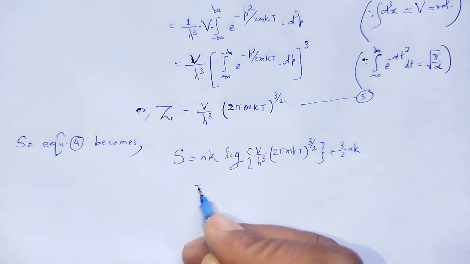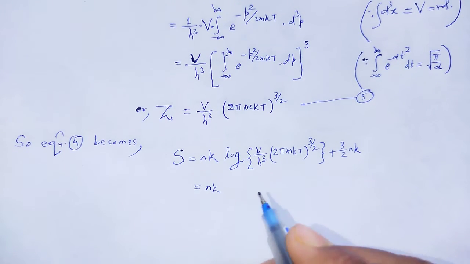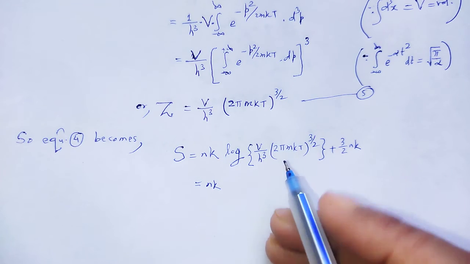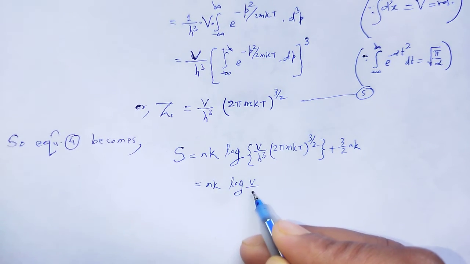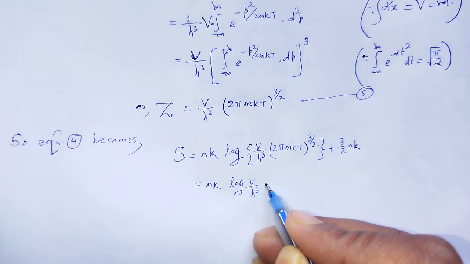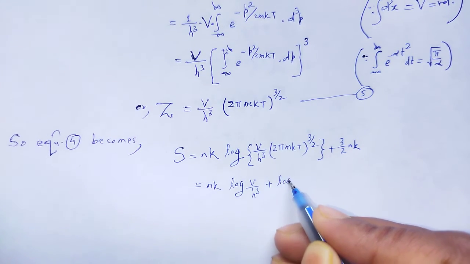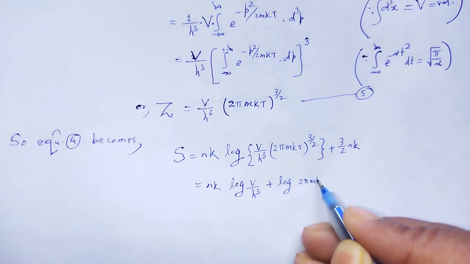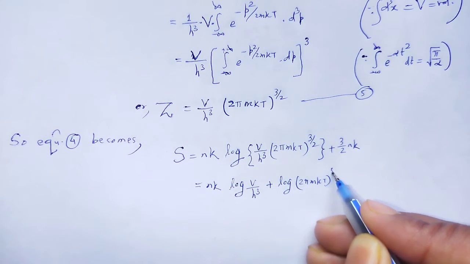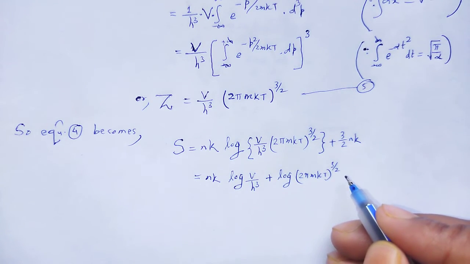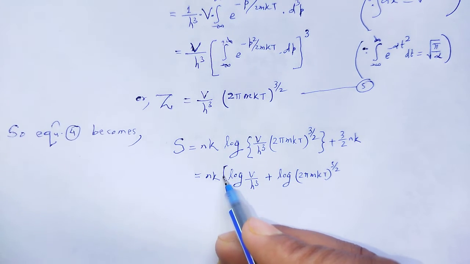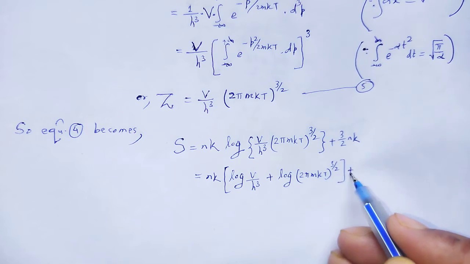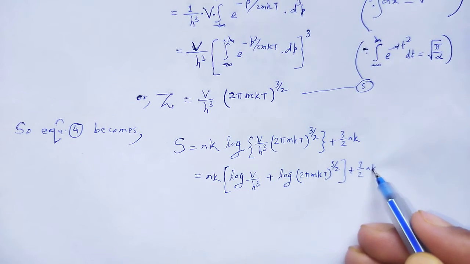Now we can solve it. Nk log a into b, that is log a plus log b 2 pi m kT to the power 3 by 2 plus 3 by 2 Nk.